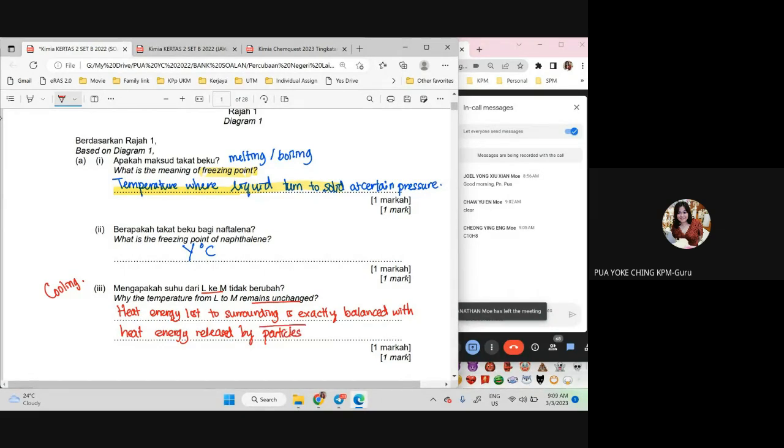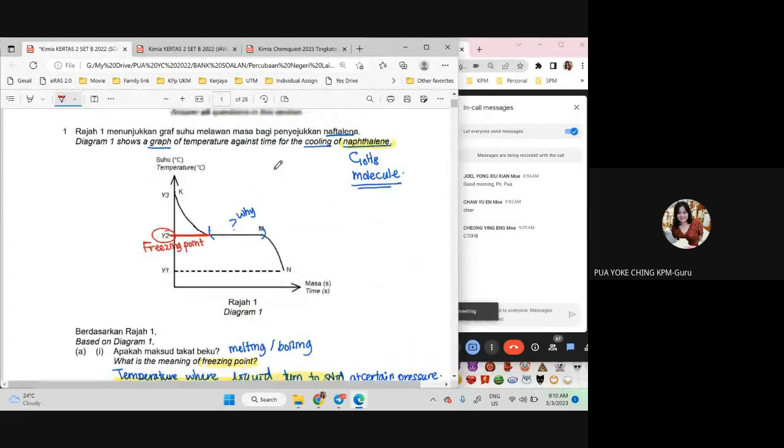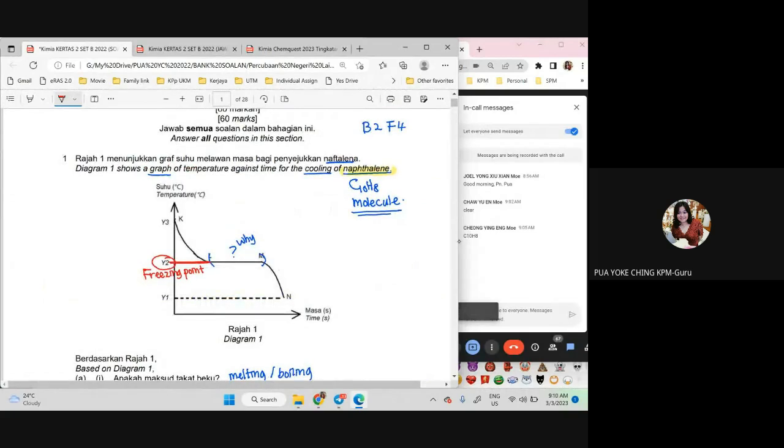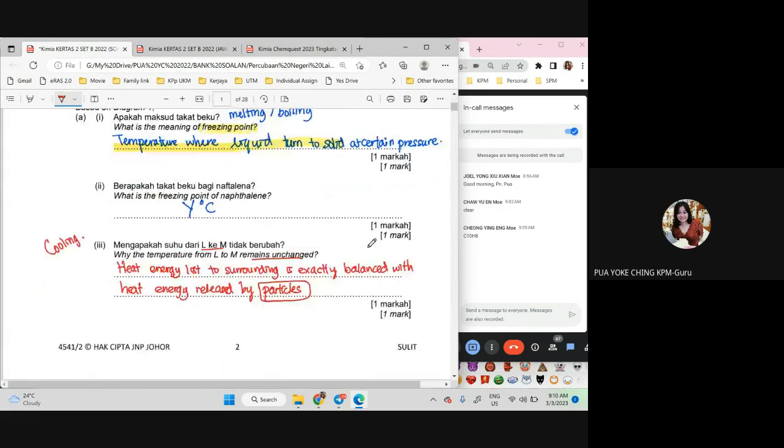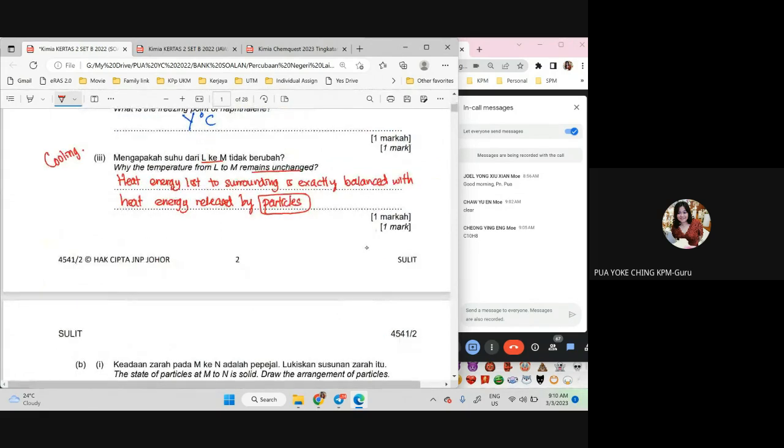But I want to remind you, you have identified the substance at the beginning of the question. We identified from the start that the question gives naphthalene, so you cannot write particles. It must be released by molecules.